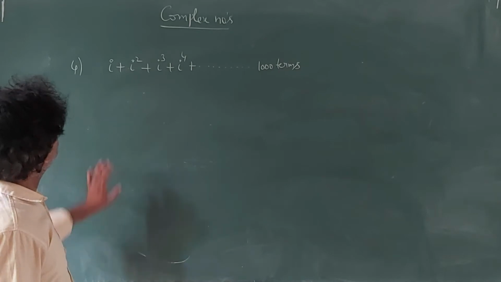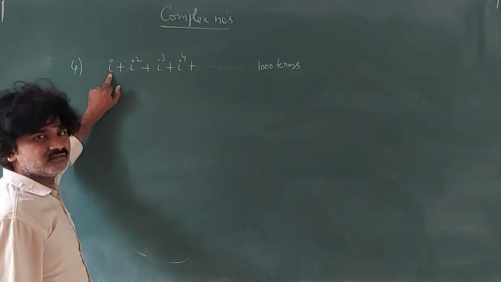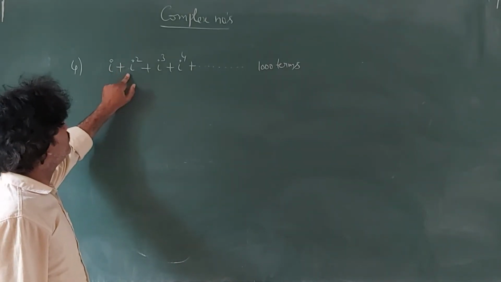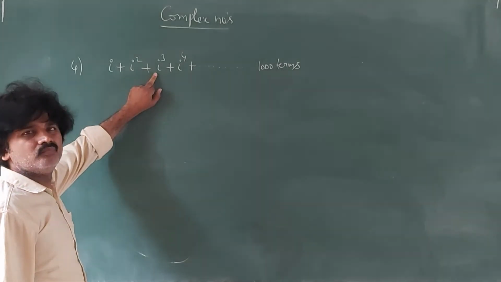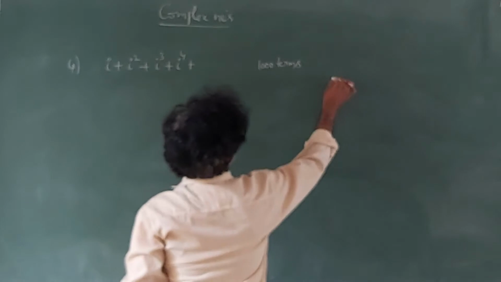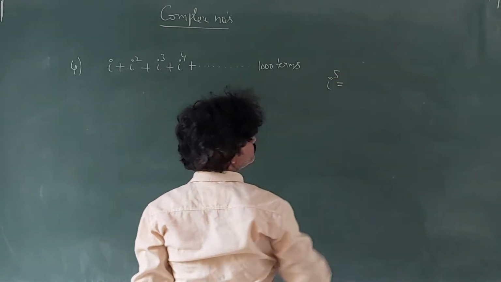Just observe. What is i? Right, root minus 1, all of you know. i square is minus 1, i cube is minus i, i power 4 is 1. These all you know. Next, what about i power 5?